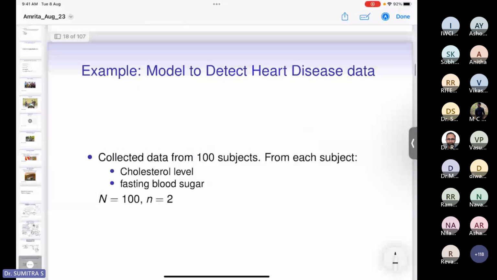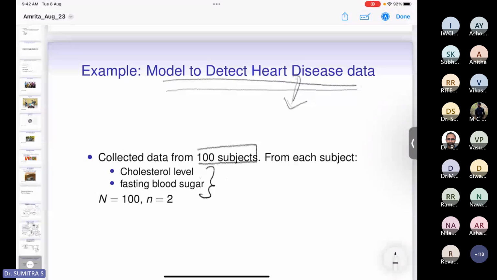For example, if I want to model heart disease data, we approach a cardiologist, and as per that person's advice, we collect two symptoms from each person. We have collected 100 subjects under study. Some are normal, and some are suffering from heart disease.